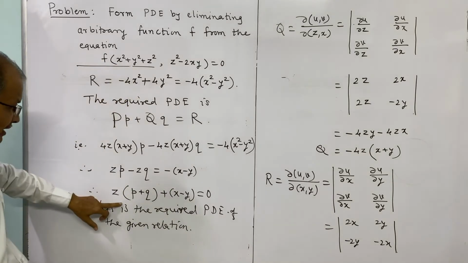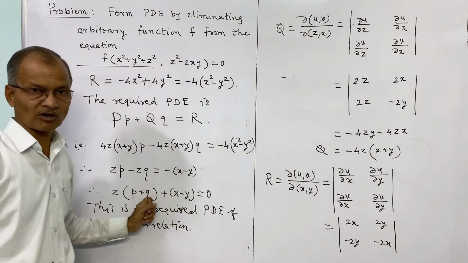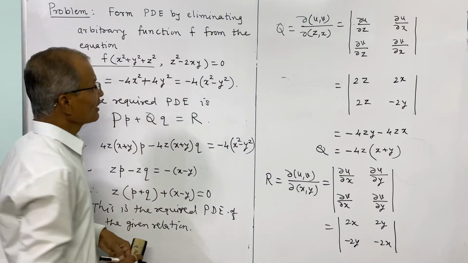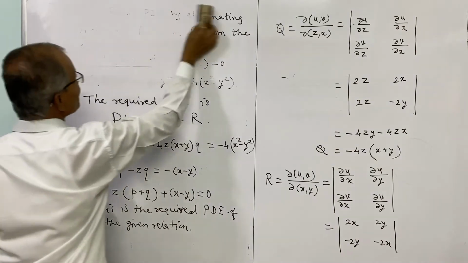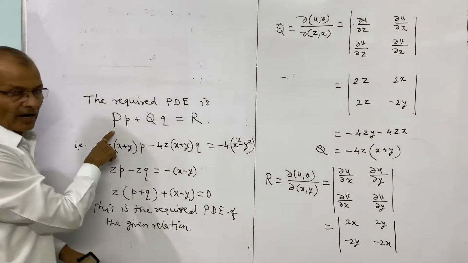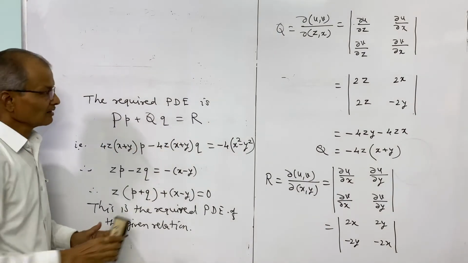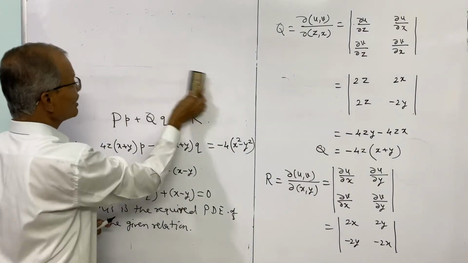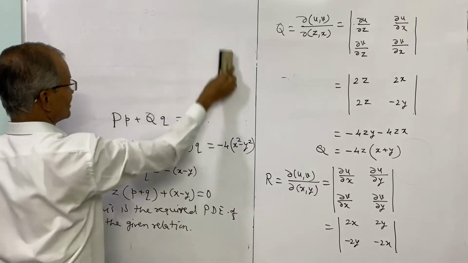We have eliminated f and we have obtained the equation in terms of x, y, z and small p and small q, which are the partial derivatives of z with respect to x and y. Now this equation we will study further. So that is the equation capital P into small p plus capital Q into small q is equal to R. This is an important equation in partial differential equations, which is known as Lagrange's linear partial differential equation.